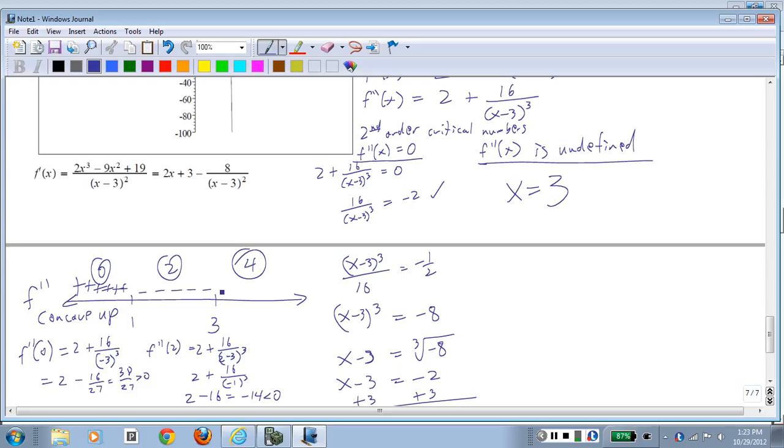So concave down. And 4, f double prime of 4, 2 plus 16 over (4 - 3)^3, 2 plus 16 equals 18, and that's positive.